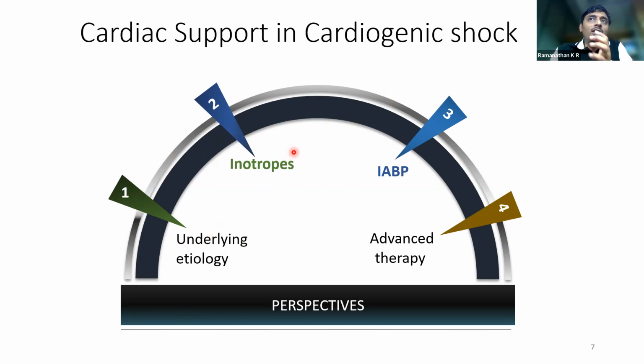And I'm here talking only about the management of cardiogenic shock. Such patients will require advanced therapy in the form of IABP or other mechanical cardiac support. Now, the evidence for each of these, I will present again, and we'll go through how these adjuncts can or cannot be useful based on evidence.